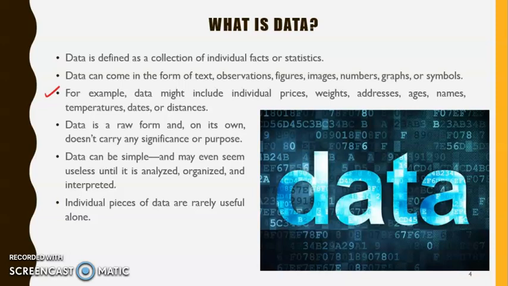For example, you see in a book, in a manual, in a page, 1,000 prices. It doesn't mean anything special. Or you have a collection of individual weights, addresses, ages, names, temperatures, dates, distances, or any other type of things that carries some sort of facts, but it doesn't have more meaning.